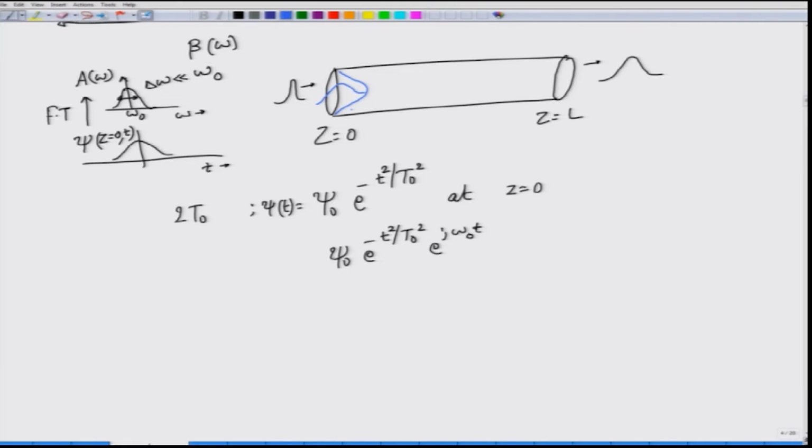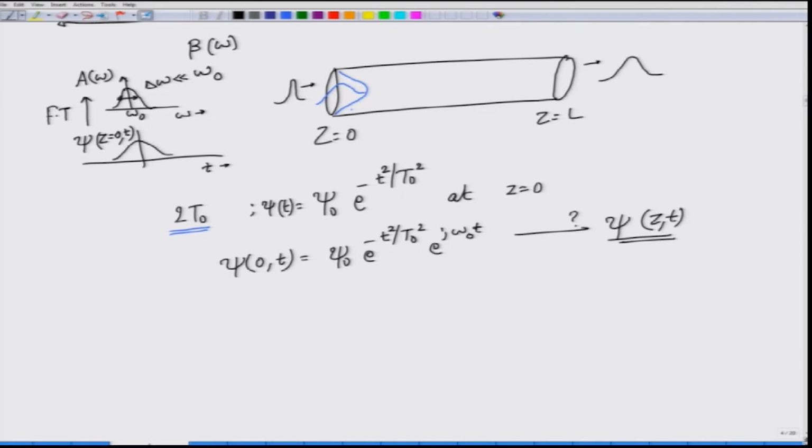There is a certain amplitude psi 0, and this pulse has a certain width which is 2 times t 0. It is also of course modulated by the carrier e to the power j omega 0 t. Let us describe this as the pulse at z equal to 0 and time t. Our objective would of course be to obtain psi of z t. After we have propagated this an arbitrary distance z, we want to obtain the expression for psi of z t.